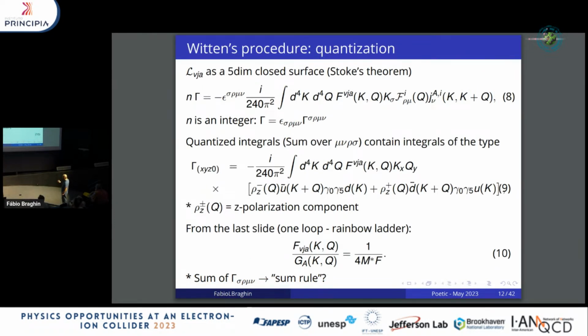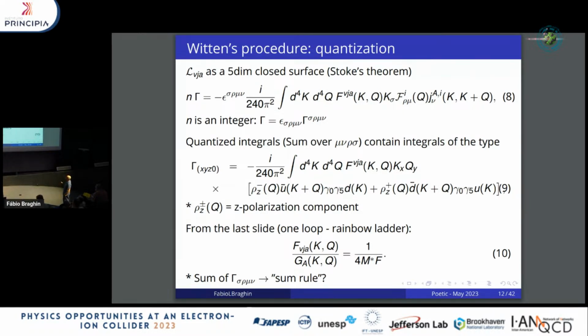Besides that, when I was doing the calculation, I had a paper by Witten in mind, and I used the same method he used to assess the interactions that may appear from the axial anomaly.